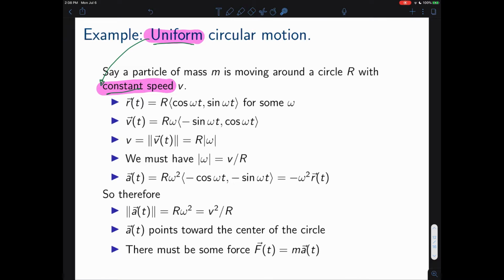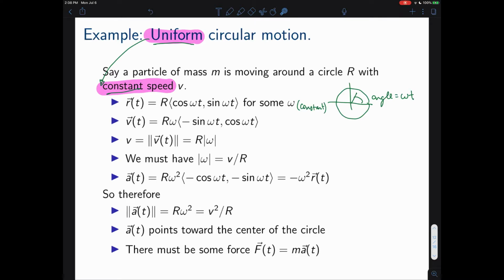Then the position is given by the radius r times cosine of an angle, comma sine of an angle. And this angle is omega times t, where omega is some constant.